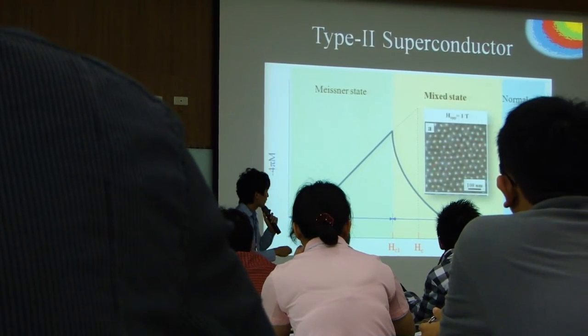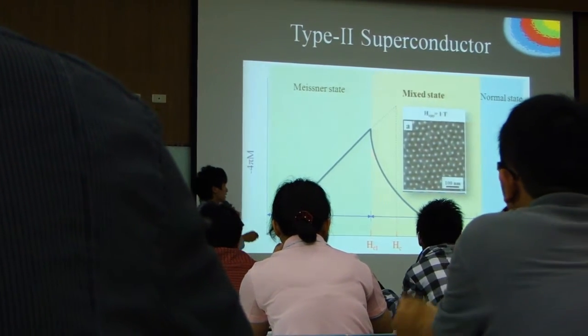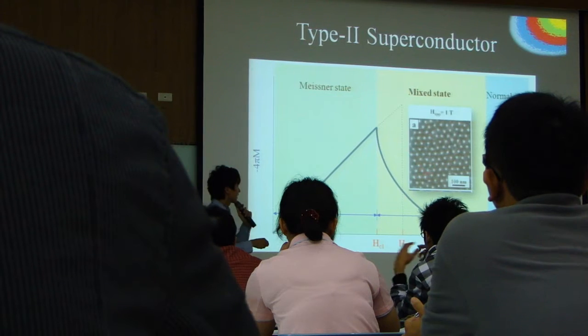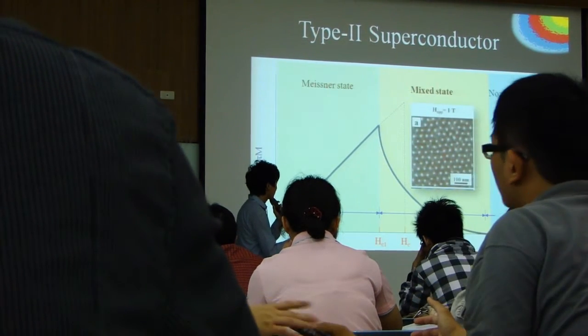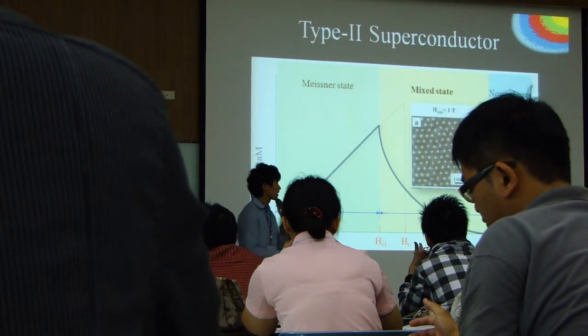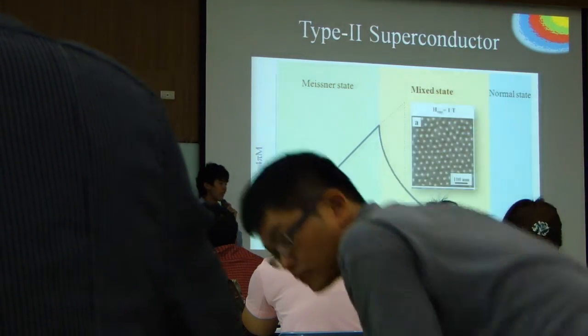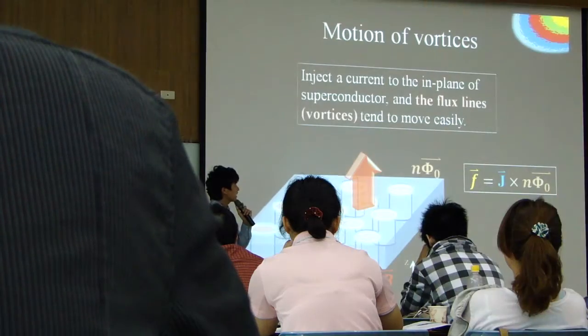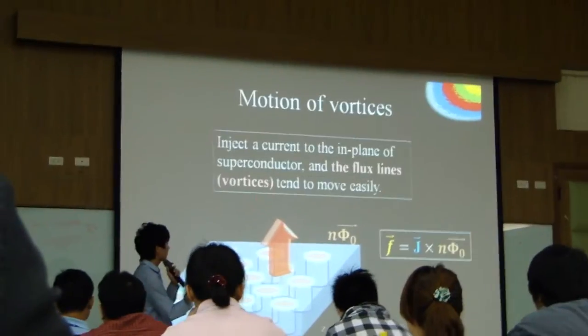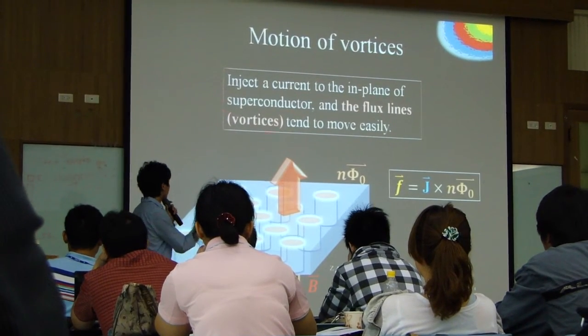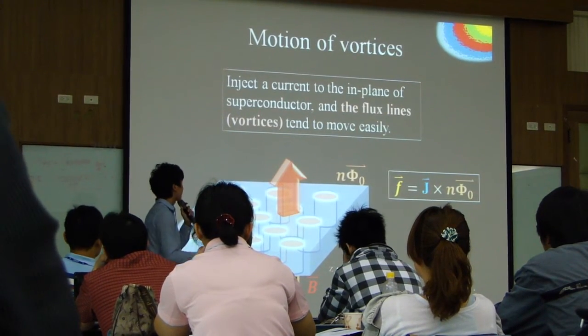If we apply a magnetic field to this superconductor, the magnetic field will enter the superconductor by quantum flux lines. So the point is the flux line. We call the flux line a vortex, so from now on I will just say vortex. I won't say flux line.